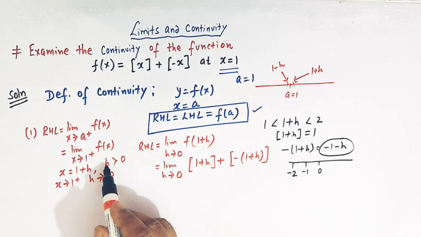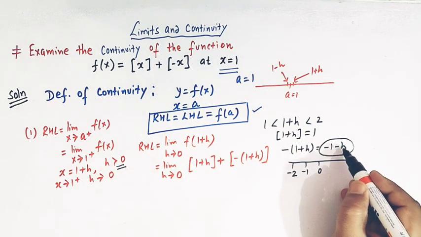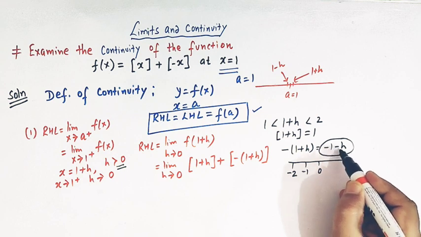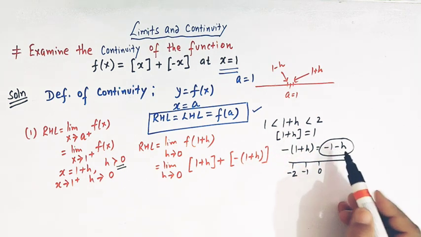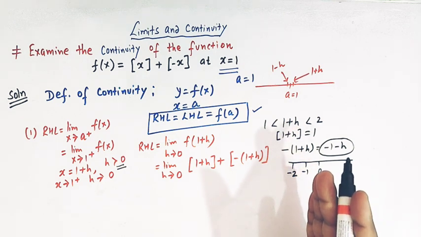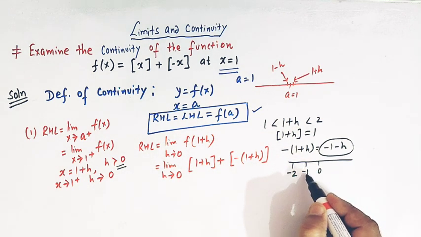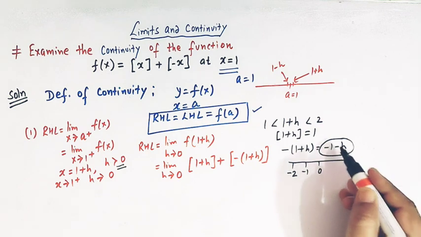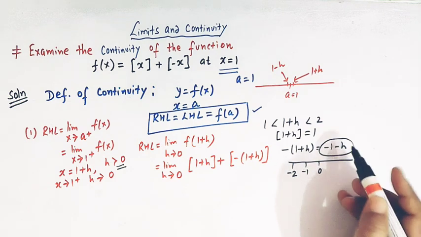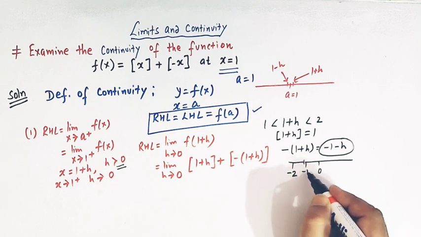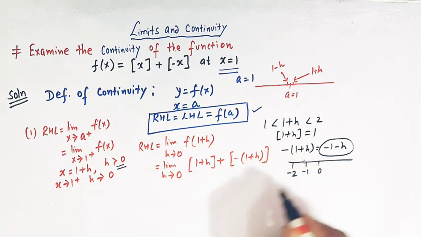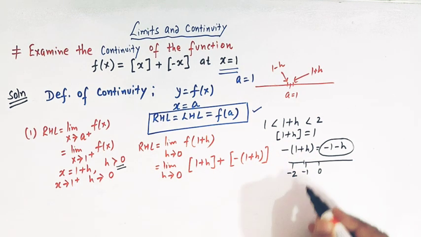Since h is greater than 0, minus 1 minus h must lie towards the left of minus 1, somewhere here, very close to minus 1 but towards the left of it.